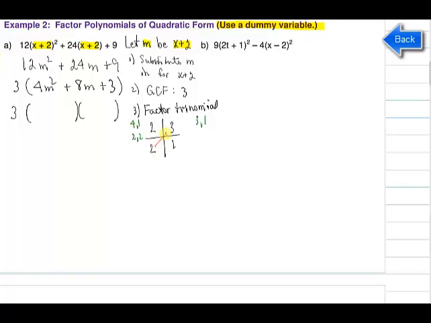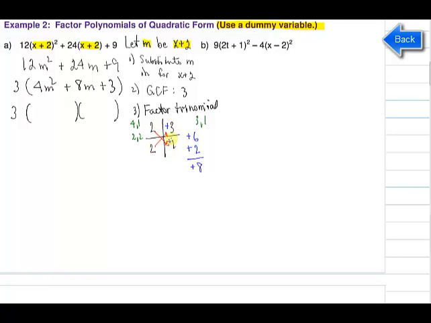I'm going to cross multiply. And 2 times 3 is 6, and 2 times 1 is 2. And I need this to add up to 8. Will it add up to 8? Yes, it will, provided they are both positive, because I want a positive 8. So that means that my 3 will be positive, because 2 times 3 will give me 6.